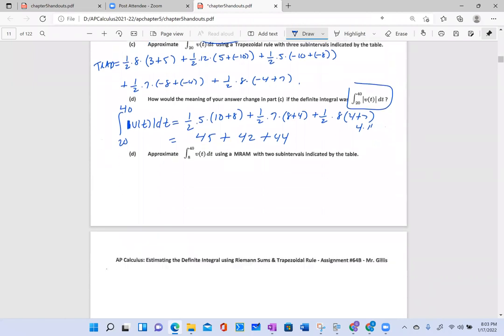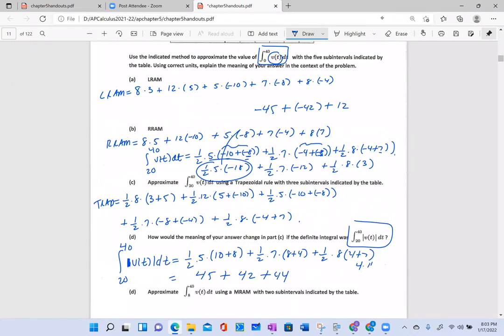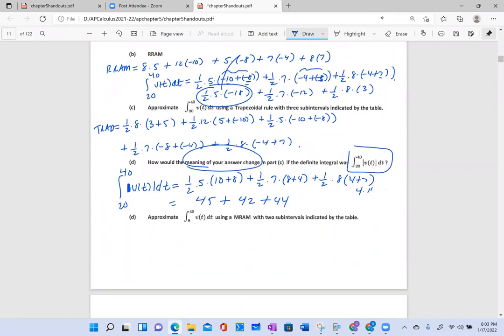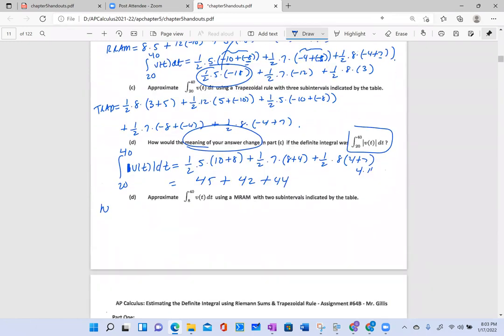Now, what is the interpretation of this? We were to interpret our answer. Remember, interpreting definite integrals, we use what's called the NUT strategy: noun, units, and time.